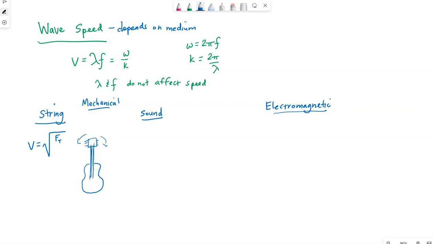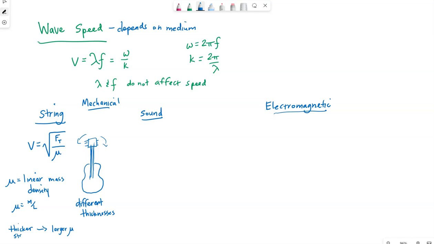But if we look at the strings individually, they are not the same thickness. In this equation, this mu is called the linear mass density. It is the ratio of mass per length of the string. A thicker string corresponds to a larger mu value.